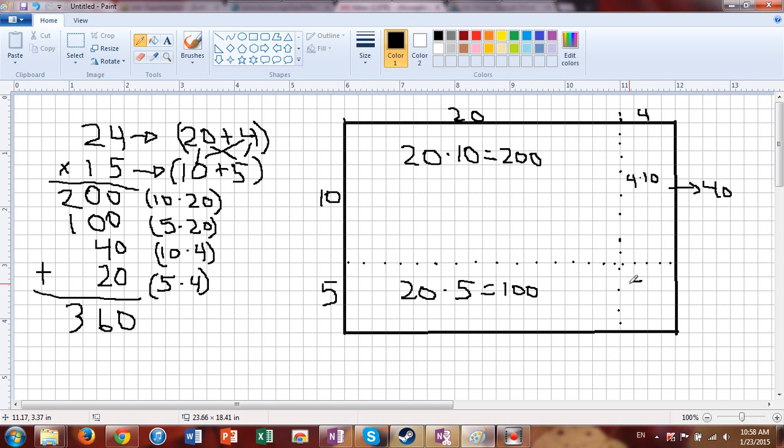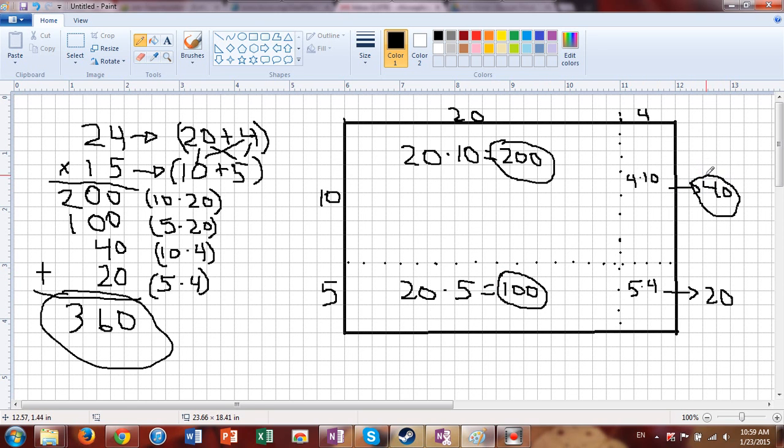So we've got 5 times 4, which of course equals 20. Now if you add up the 40 and the 20, there's the 60, the 200 and the 100, there's our 300, and we get our answer. These are the partial products, and when we put them together we get our entire product.